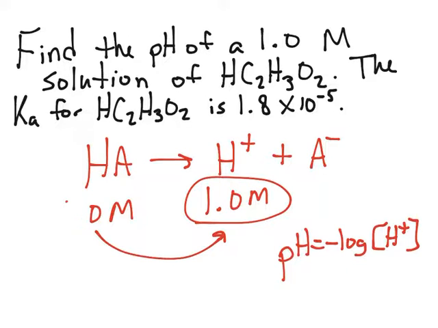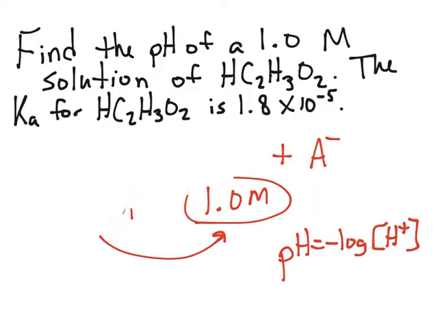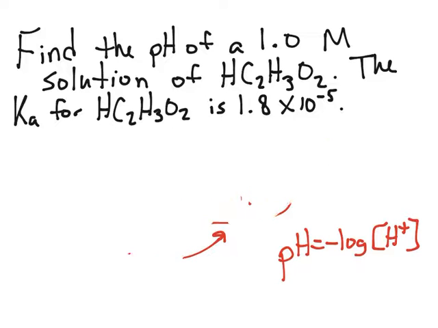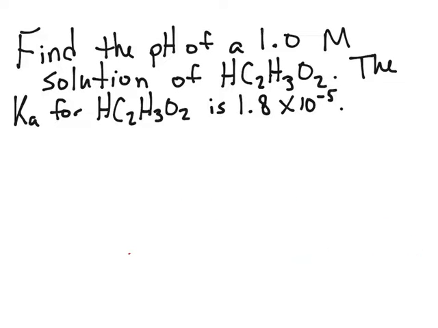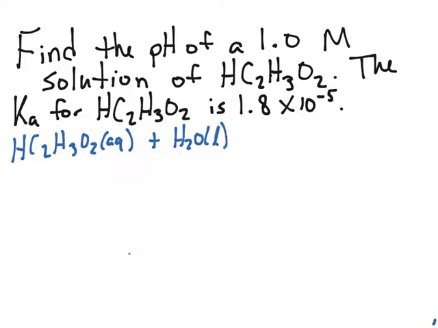The problem we have, though, is that this isn't a strong acid, so it's not going to fully dissociate. So we've got to do a little bit of thinking about how much of it will dissociate, and then we might have to solve for that. So let's write an equation here. We've got our HC2H3O2, which is aqueous, reacting with water, which is a liquid.